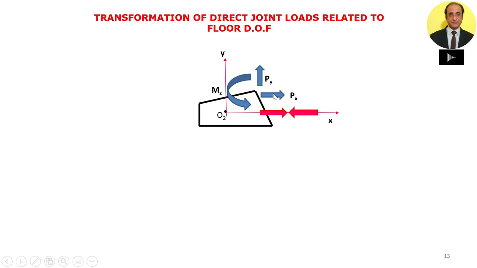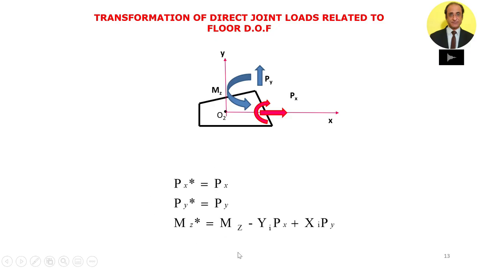All we have to do is introduce a pair of equal and opposing forces, and then club these forces as moment. So when the force is transformed parallel to itself, it creates moment. The transformed joint loads would be like this. The x and y direction forces will be the same, and the moments will be different because of the transformation of the forces, shifting their lines of action parallel to themselves.